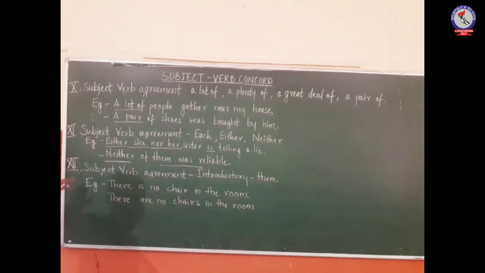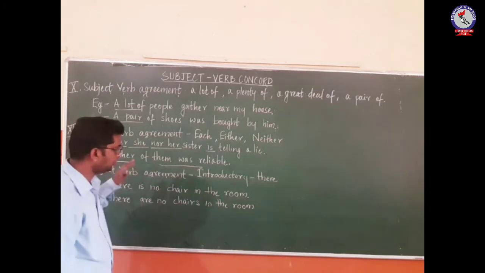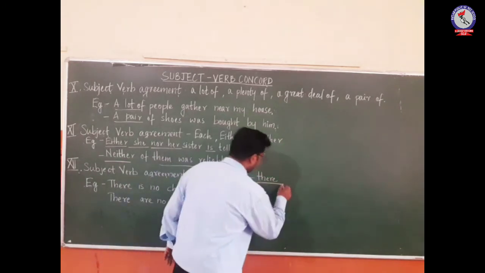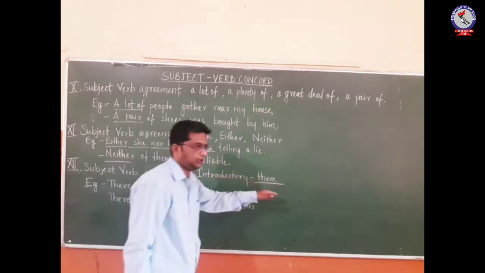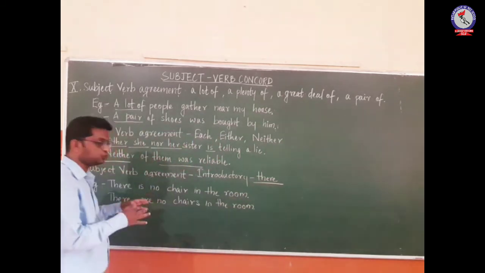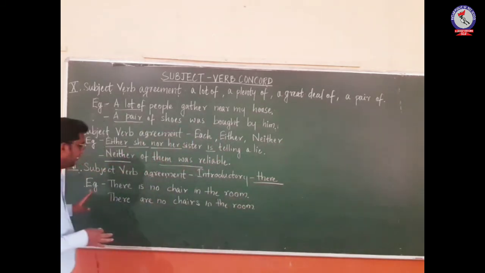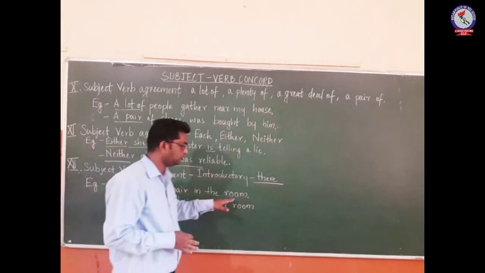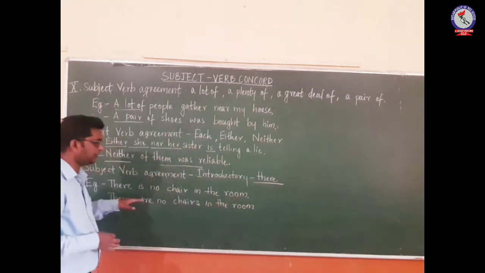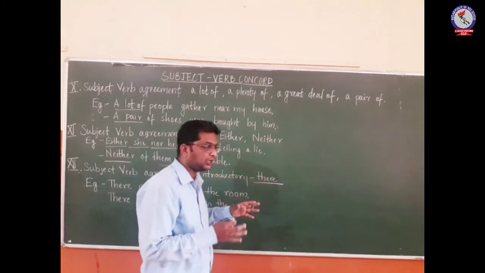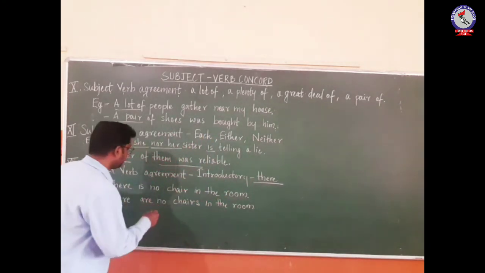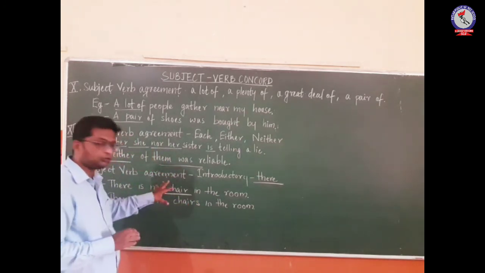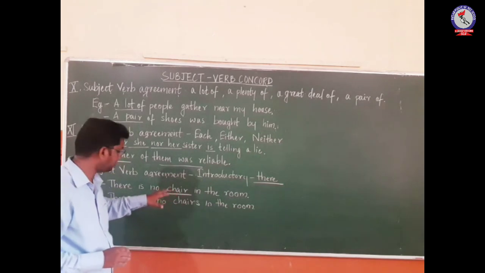Now see the next, subject-verb agreement in introductory there. So in the condition where we use introductory there, in that case how will we use the verbs? See here an example. There is no chair in the room. The point that we should understand here is that chair shows us singular number.